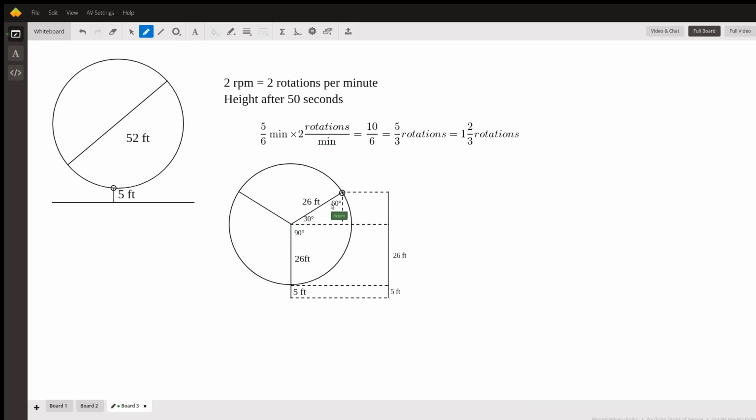Since this is a 30, 60, 90 triangle, we know that the hypotenuse is twice as long as the shorter leg, which means that this shorter leg right here has to be 13 feet. Which means that this height over here is 13 feet.